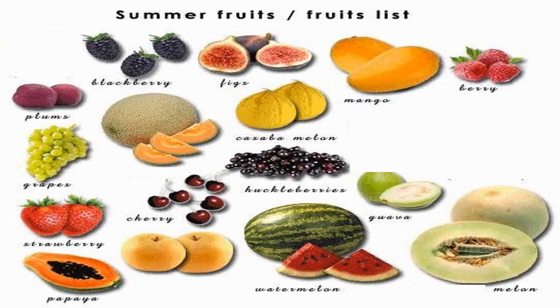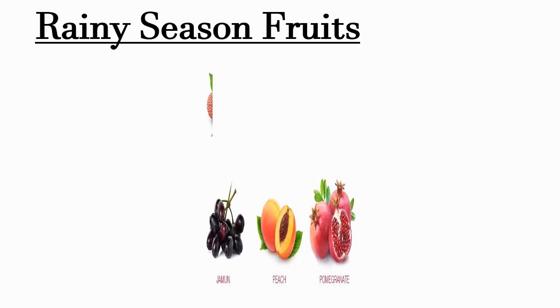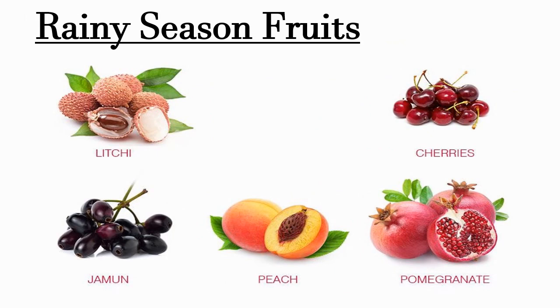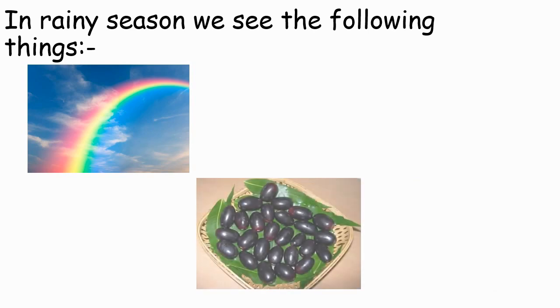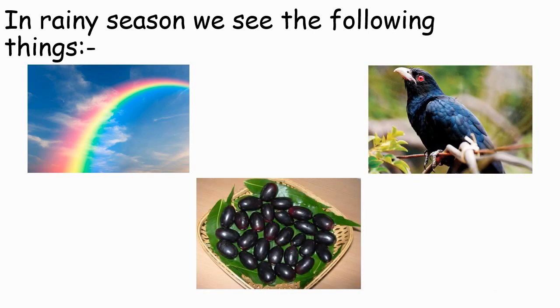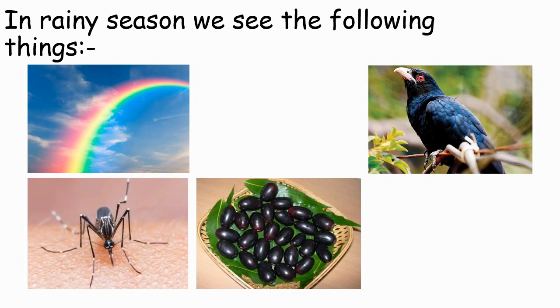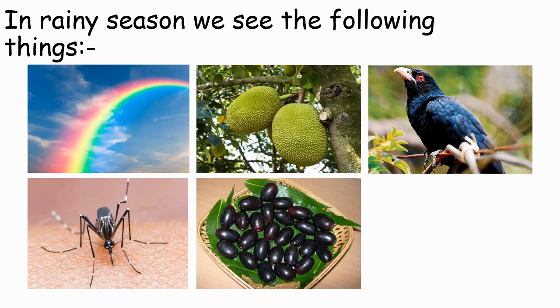When it's rainy season, you see lychee, cherries, jamun, pomegranate, etc. In rainy season, we see the following things. Rainbow, jamun, cuckoo, mosquito, jackfruit, frog, and you see many other creatures and fruits in rainy season.